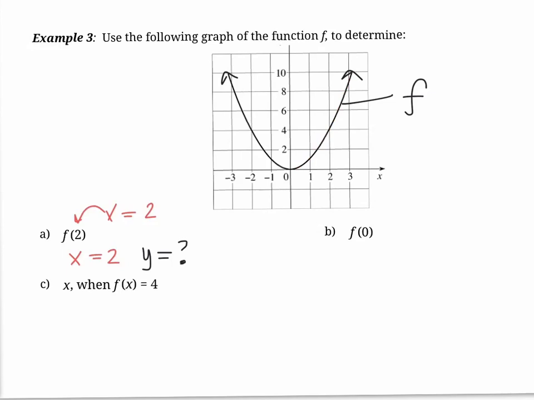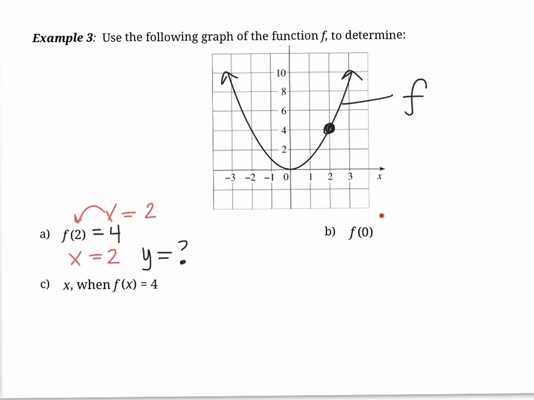We don't need an equation to figure this out, we can just look at the graph. Here's where x is equal to 2, and we know that when x is 2, y is 4. So that must mean that the value of the function at 2 is 4, so our answer is 4.